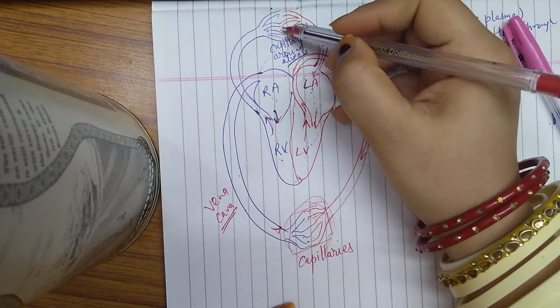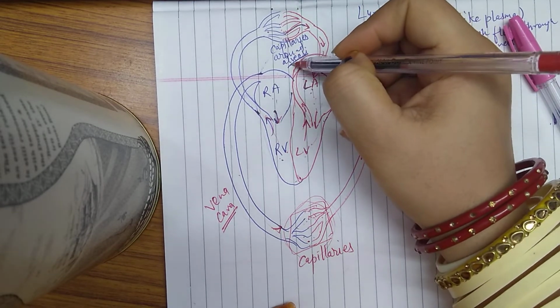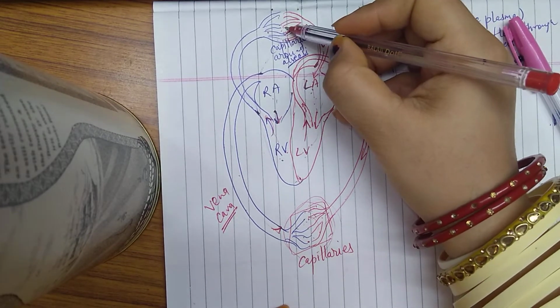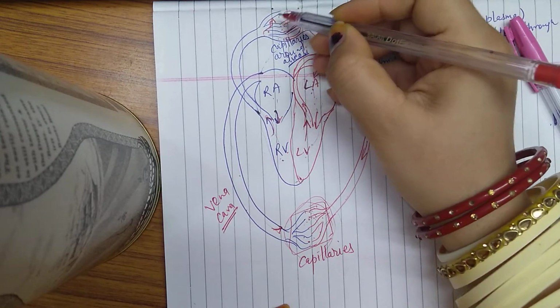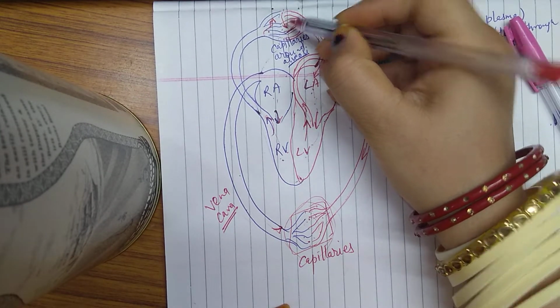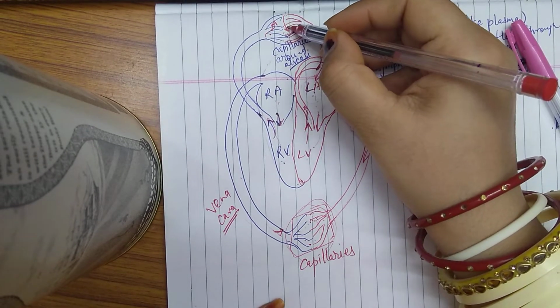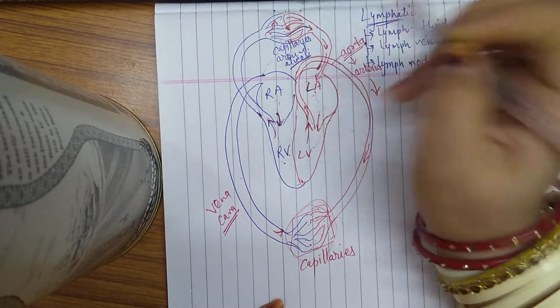Here in the capillaries around the alveoli, exchange of gases takes place. The carbon dioxide from deoxygenated blood is released into the lungs and oxygen enters the blood, and it again becomes oxygenated and goes to the heart.